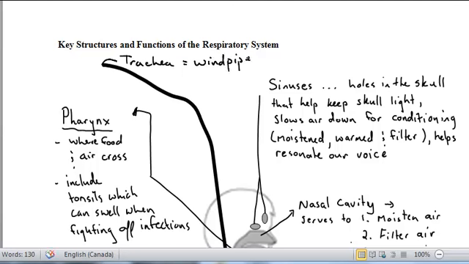And it has C-shaped cartilage rings that prevent it from collapsing.